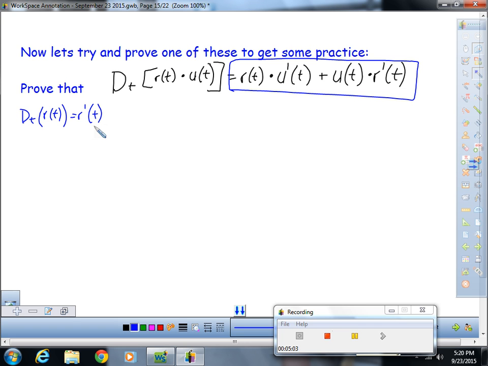We are also going to let r of t be equal to f1 of t i plus g1 of t j, and we will say that u of t is f2 of t i plus g2 of t j.